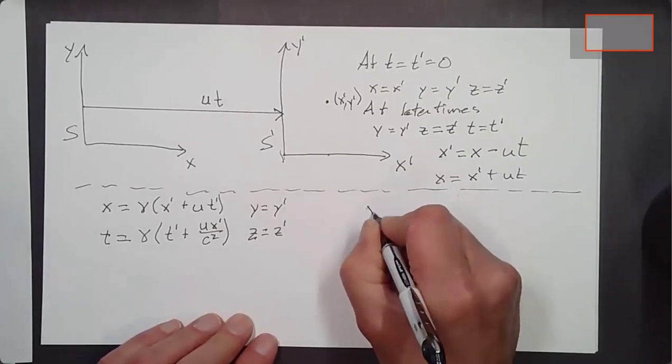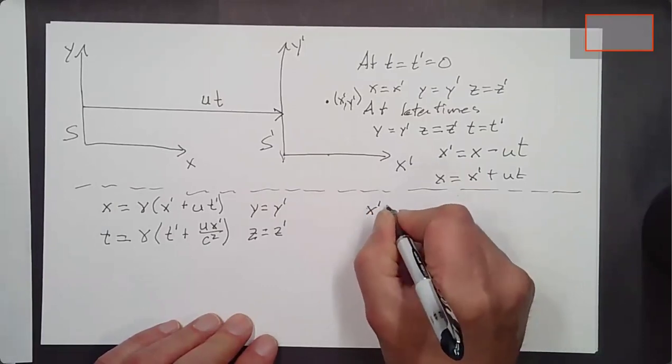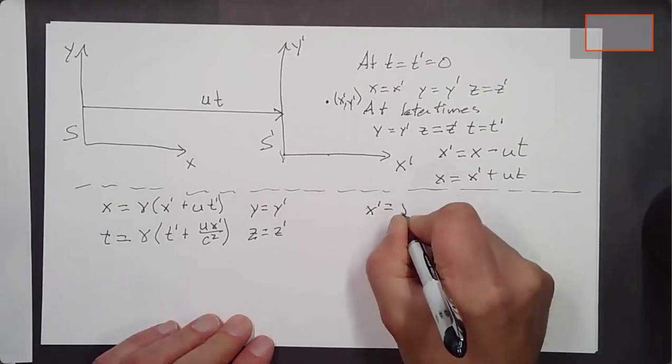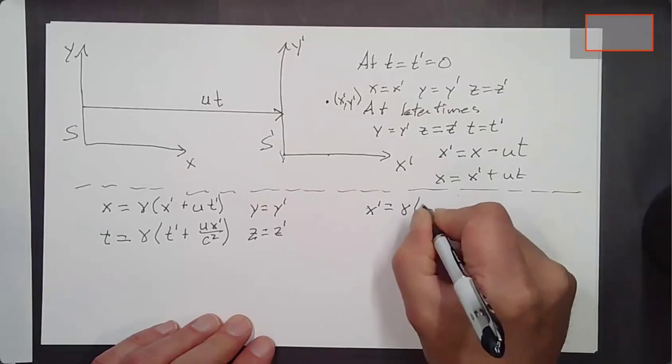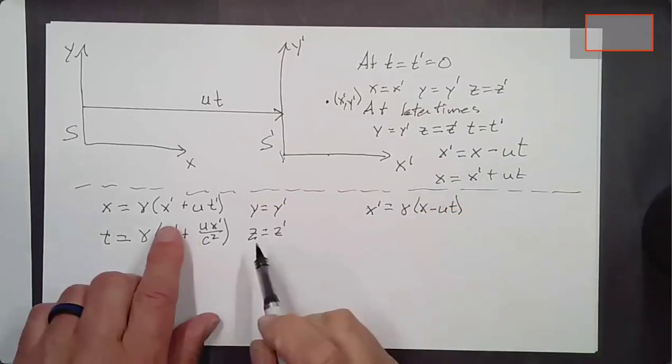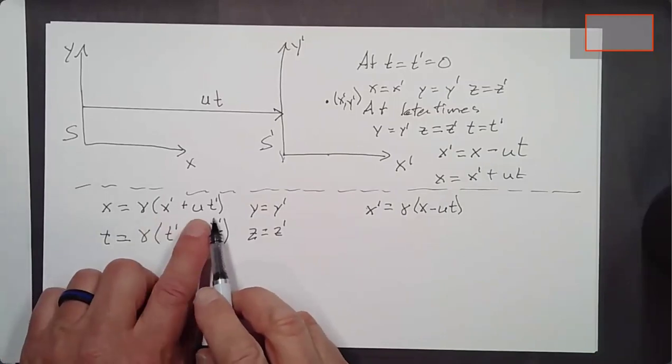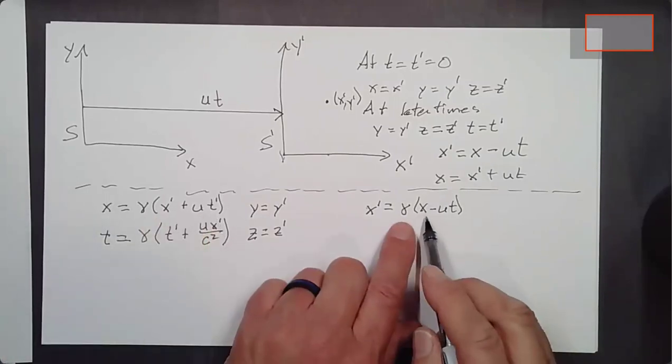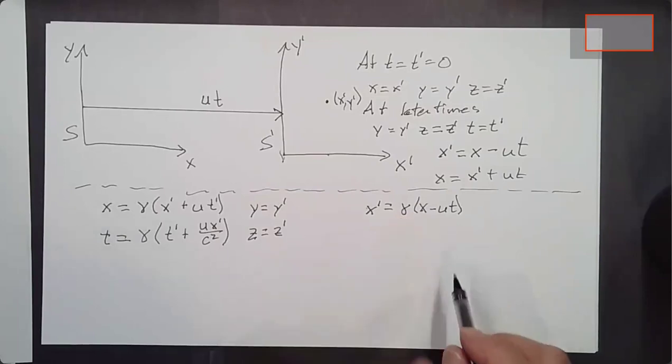The x prime transformation will equal gamma times x minus ut. You notice we had x prime plus ut prime, and here we've got x minus ut.